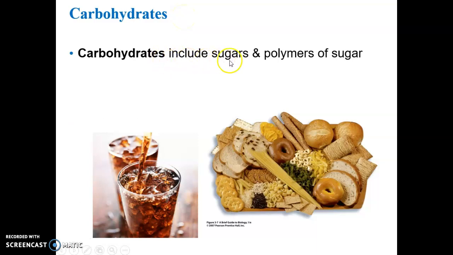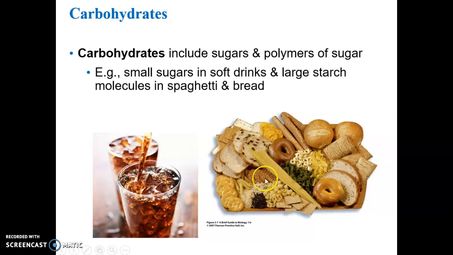They include the sugars, like the sugars that you consume in soft drinks, coffee, tea, etc., and polymers of smaller sugars that are the complex carbohydrates, things like in bread, pasta, grains, cereals, crackers, chips, those sorts of things. Okay? These carbohydrates are either small, simple carbohydrates or larger, more complex carbohydrates.